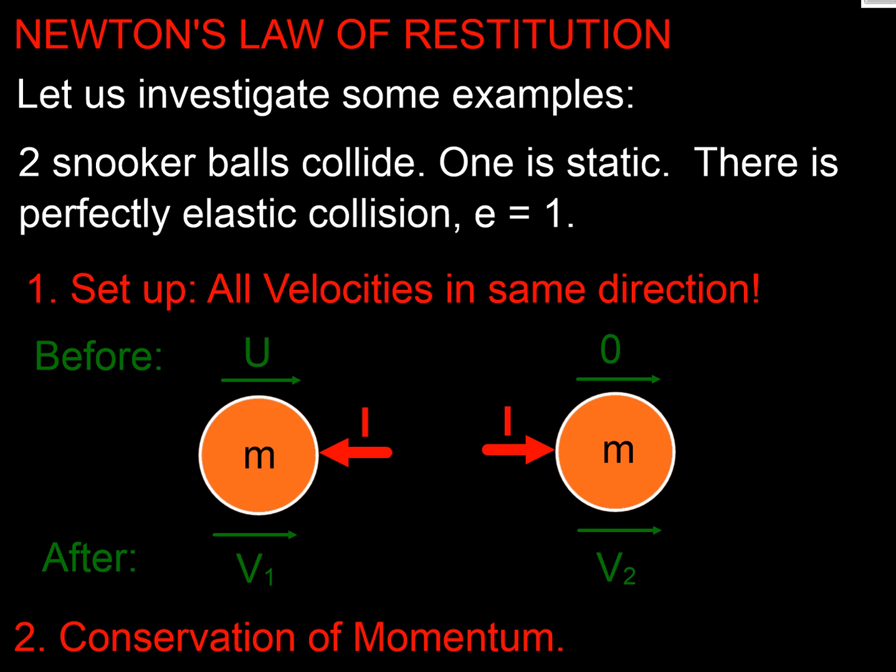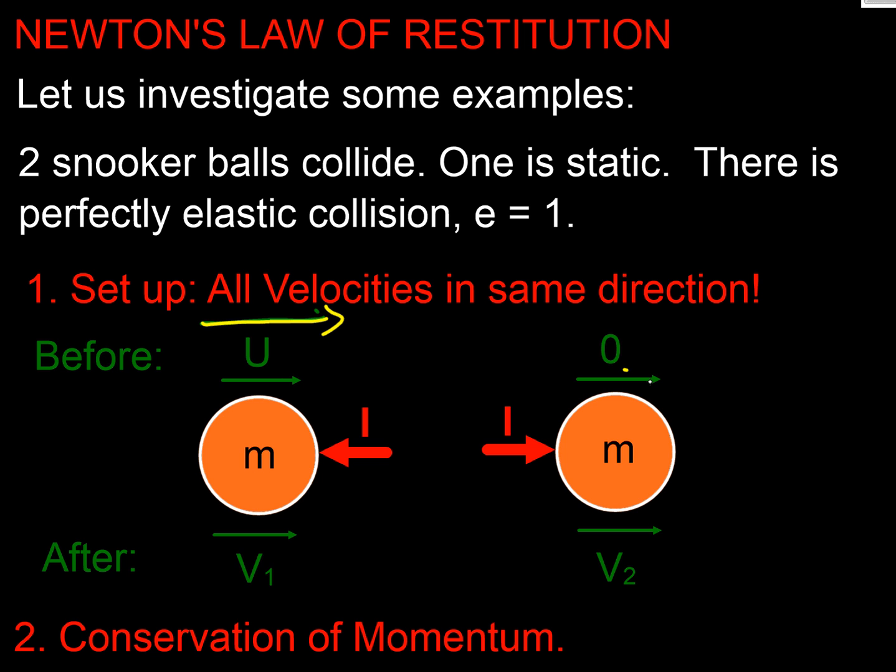So I'm going to give you a couple of examples here, to take us through the two extreme examples for that. Okay, I'm going to start with a snooker ball. I've got a cue ball here on the left, and I'm going to hit that into a static ball on the right. So as I said before, I set up my before and after velocities.